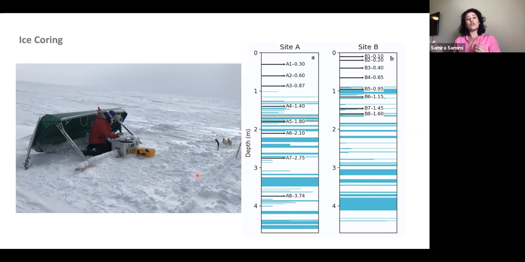So the firn core stratigraphy is slightly different from the pit. However, the total ice content and the number and thickness of the ice layers were similar in the firn core and in the pit, including the presence of thick ice layers, more than 10 centimeters, in the upper 2 meters of the firn.